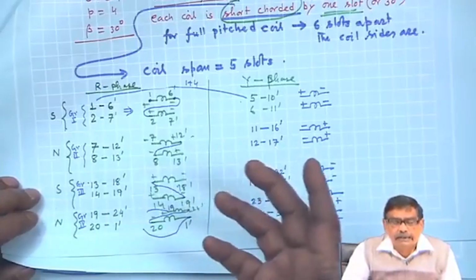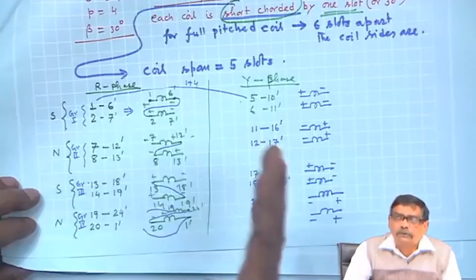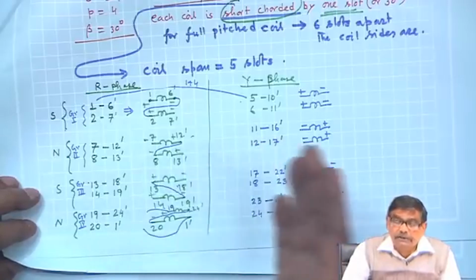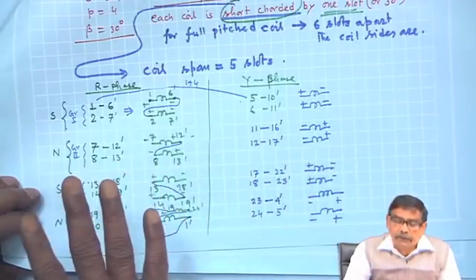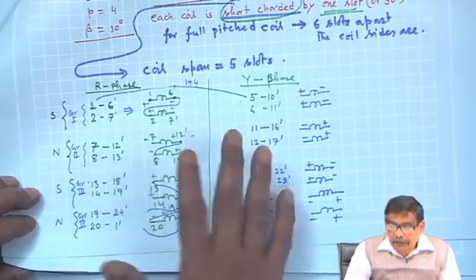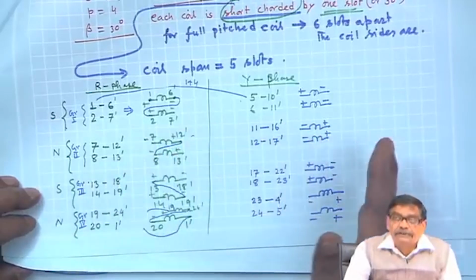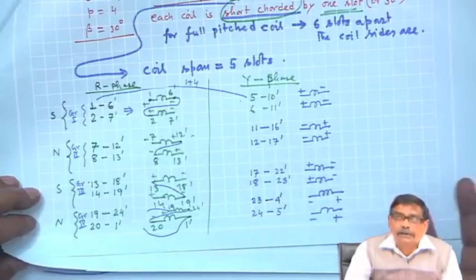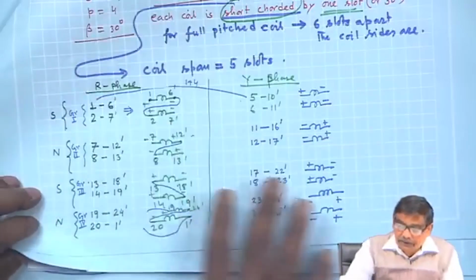Whenever I say it is a balanced 3-phase winding, I know what it is, what it means, and when they carry current will be discussed right now. There is now no stopping.